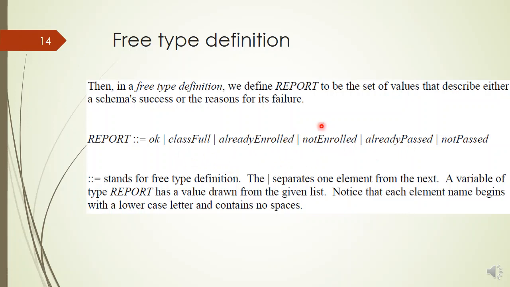So we define a free type report with these values: OK, class full, already enrolled, not enrolled, already passed, not passed. So whatever value we want to display, or whatever value we want to model in our system, we can put it in the value of free type, and thereafter we can declare variables on free type.